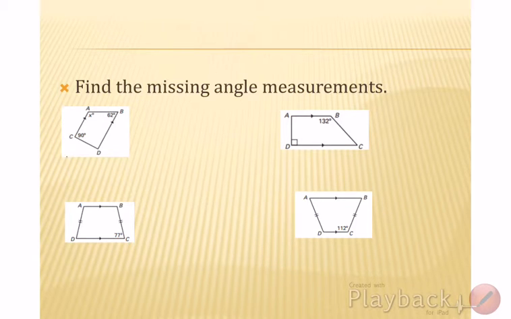Now I said consecutive angles. Could I have said corresponding angles? We're in the same place. For the next example, 112, match them up, 112, and the difference is 68.